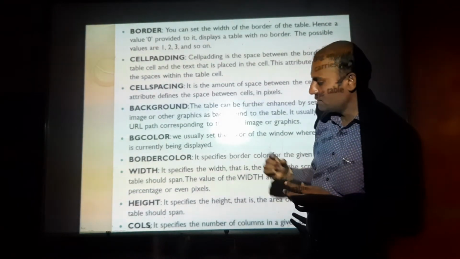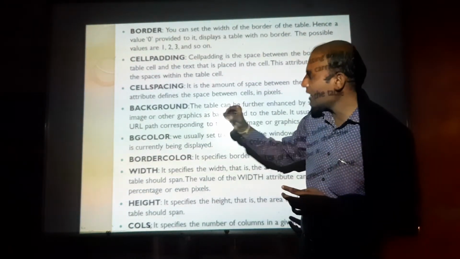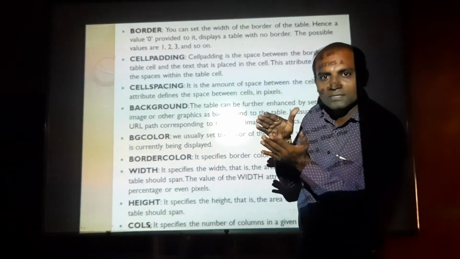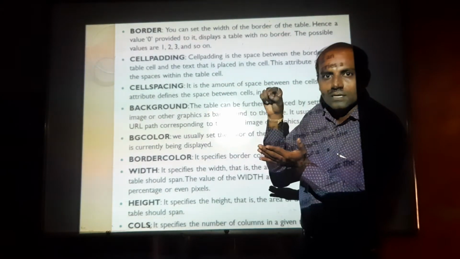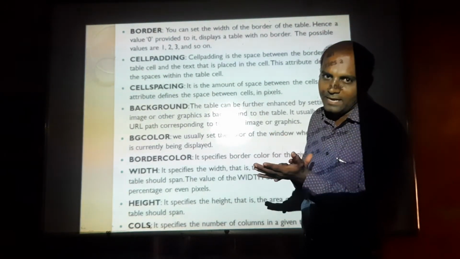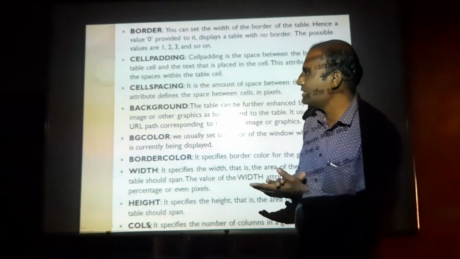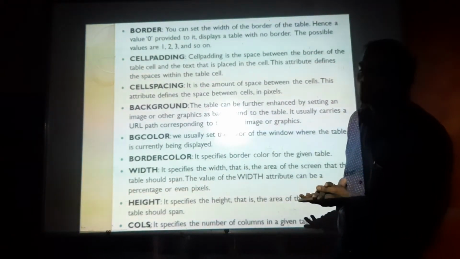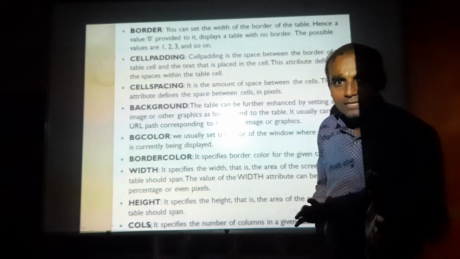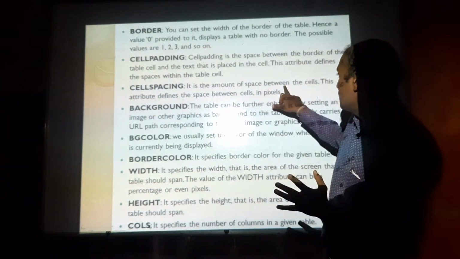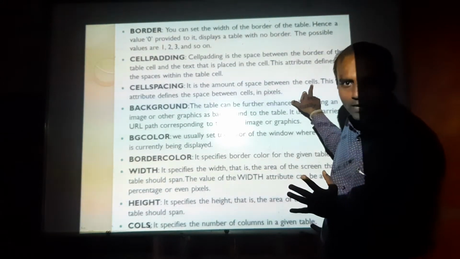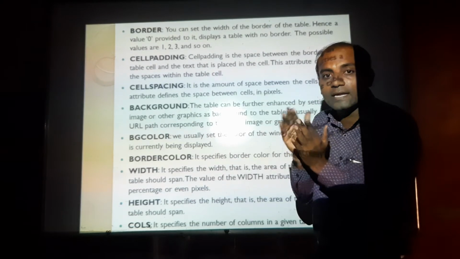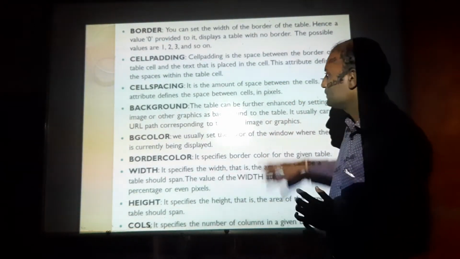It means when you have a particular cell, how much gap or space you want between the cell line and your content, you need to specify in the cellpadding. Whereas cellspacing is used to put the space in between the cells, the amount of space or gap you want to put between two cells.